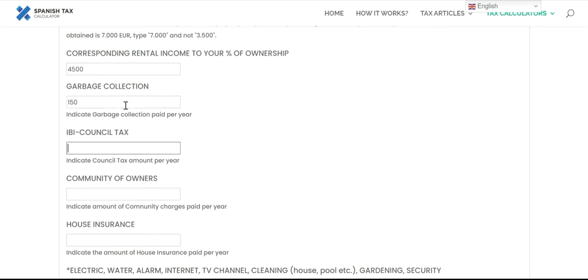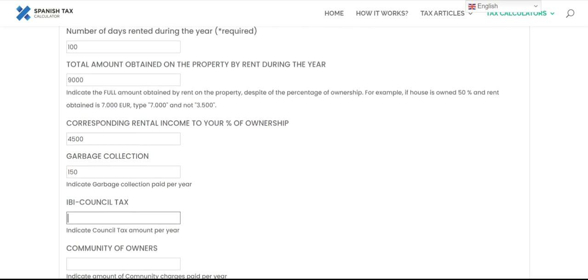I would like to inform you that right now these concepts of reduction, which are expenses related to the activity of the tax of the rent, it can reduce the tax, but proportionally to the time in which the property has been rented. In this case, the property has been rented for 100 days.